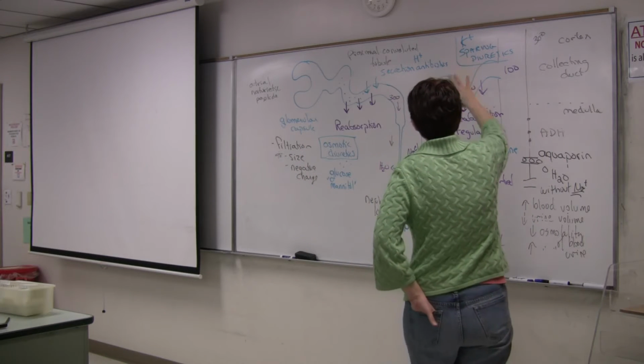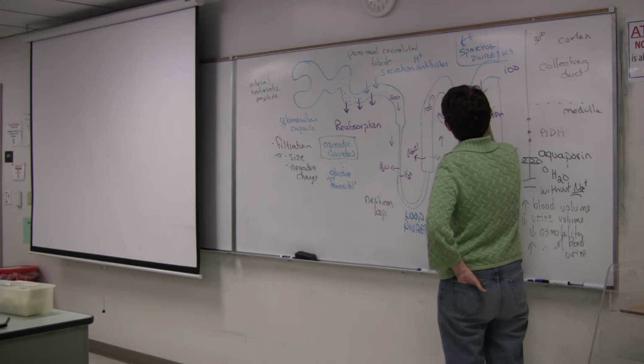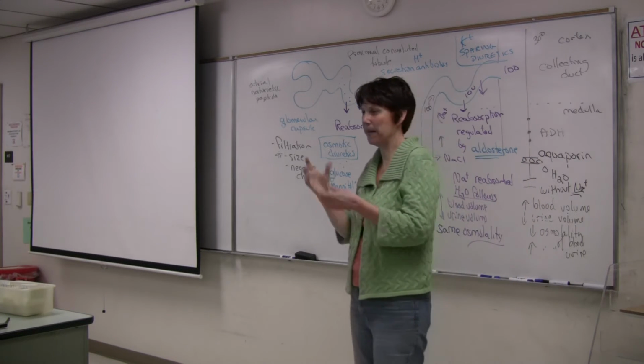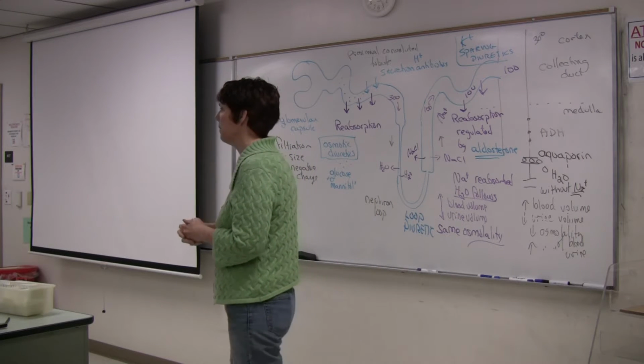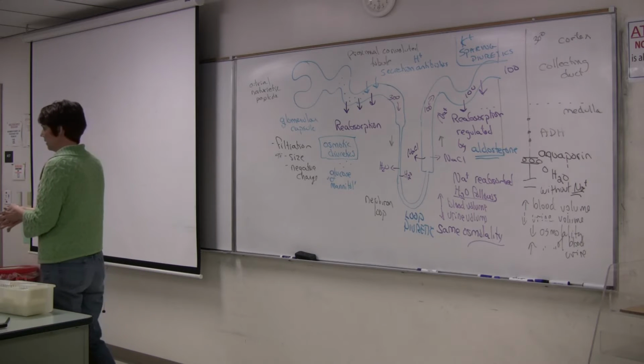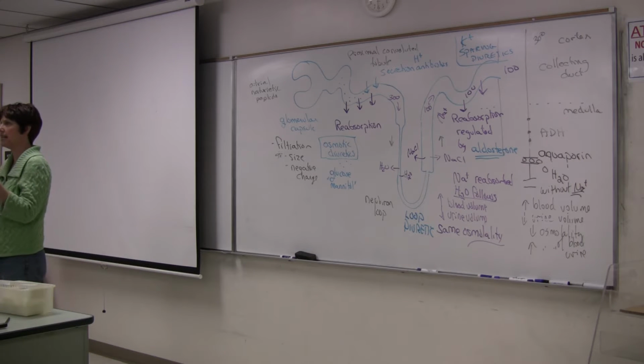And then around the distal tubule, we have what are called potassium-sparing diuretics. Because of our regulation of sodium, potassium can be excreted, reabsorbed or secreted. And these work by keeping the potassium.